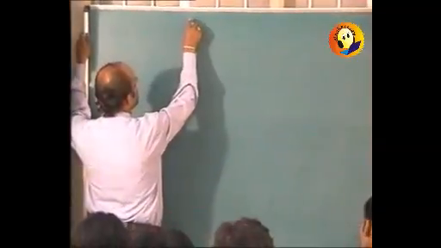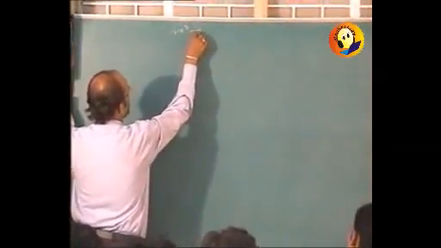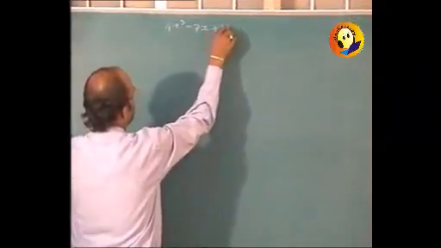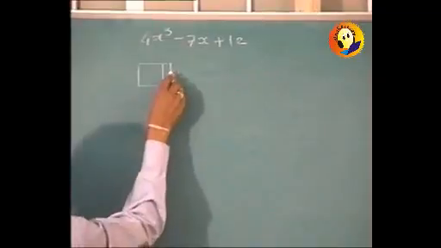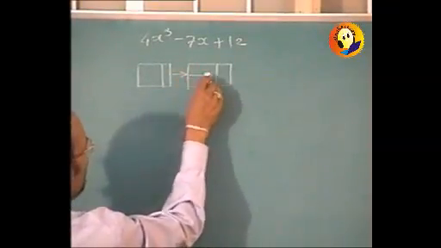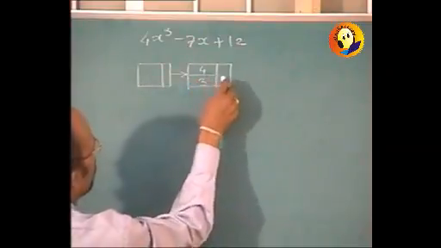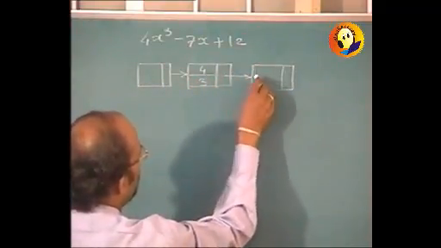Now say if the polynomial is of the type 4x cubed minus 7x plus 12, then it will be represented in the linked list form as follows. Each node will have 2 fields, coefficient and power, and will have a pointer to the next node.